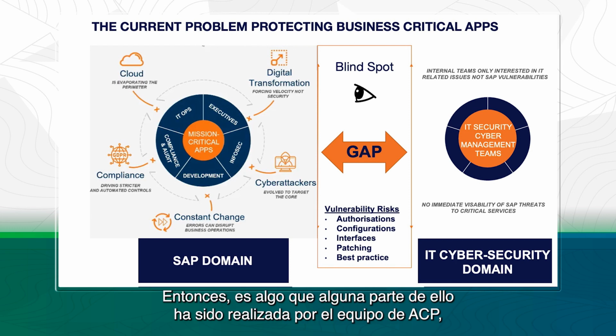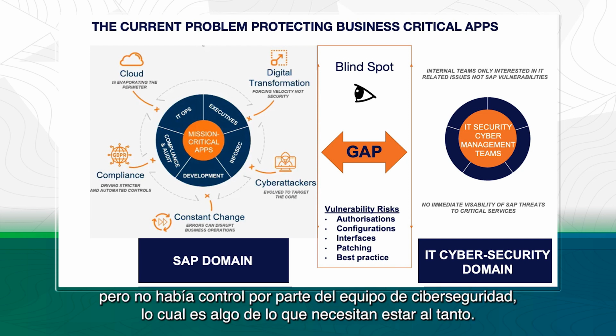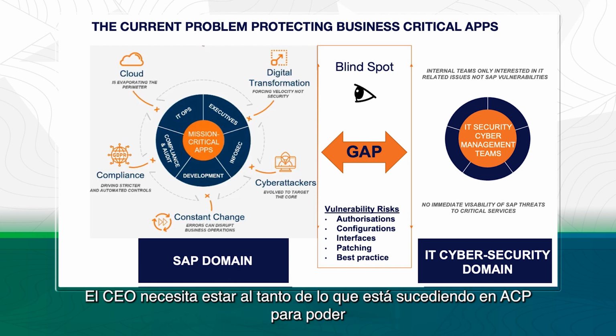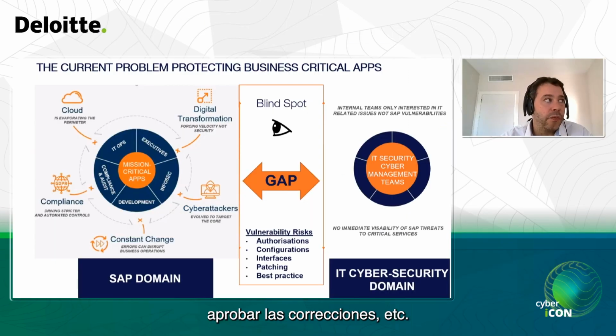Part of it has been done by the SAP team, but there was no control from the cybersecurity team, which they need to be aware of. The CISO needs to be aware of what's going on in SAP to be able to approve remediations, etc.